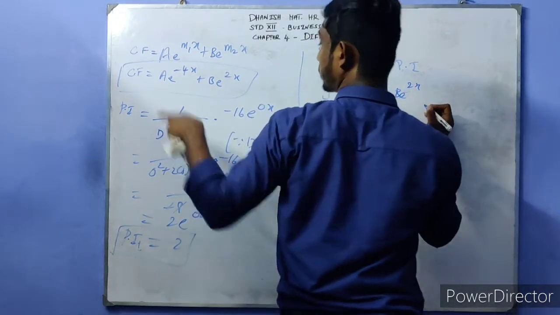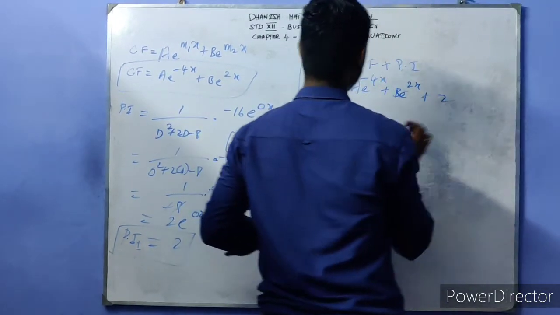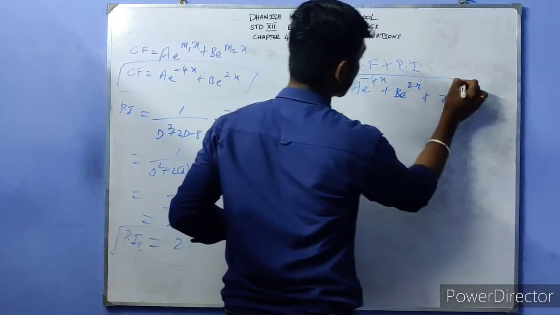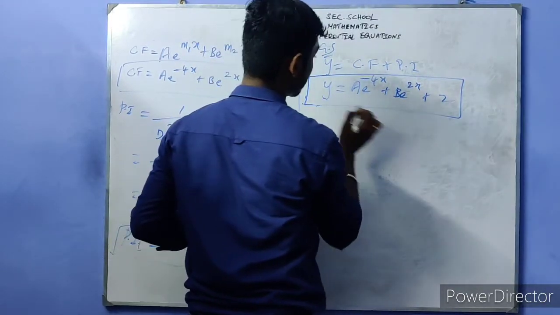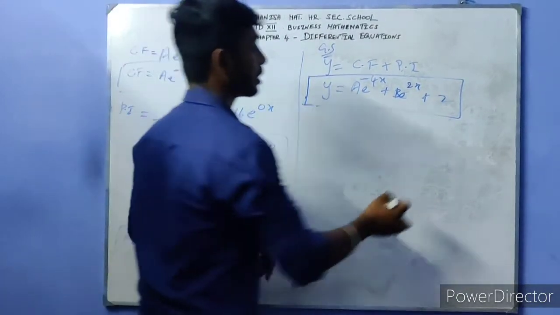What is the PI value? That is 2 here. This is the general solution for the sum.